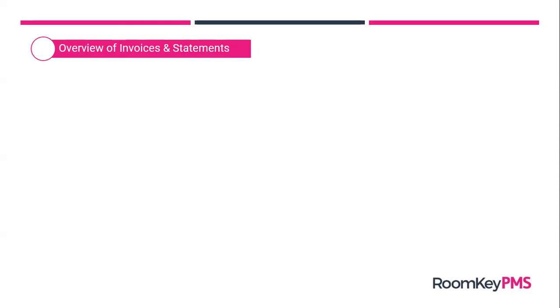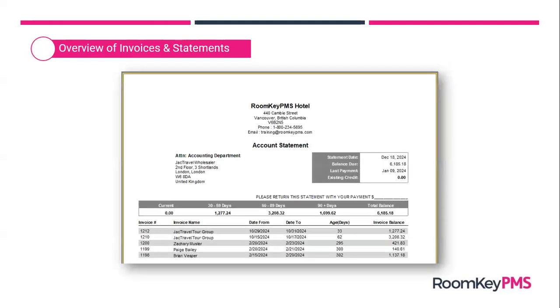But for this presentation, I wanted to take a deeper dive into invoices and statement management in the City Ledger. So on screen here, I have an example of what a typical account statement would look like.